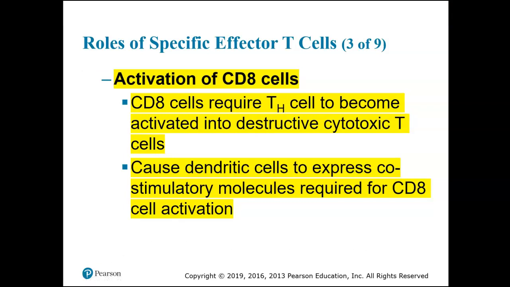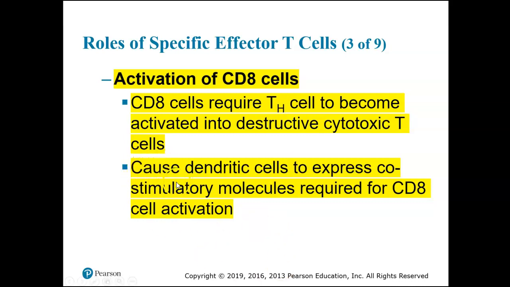Now, we're going to move on and do CD8 cells because we've been discussing CD4 T cells, so now CD8 T cells, which become cytotoxic T cells. CD8 cells require helper T cells to become activated and become able to destroy and kill harmful cells.